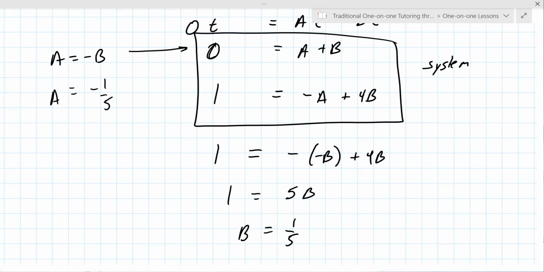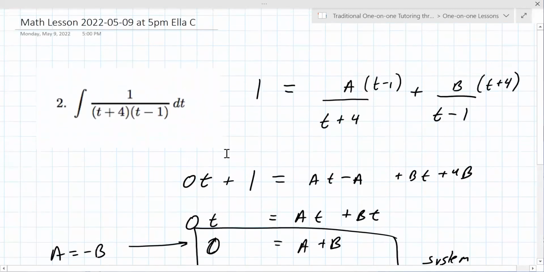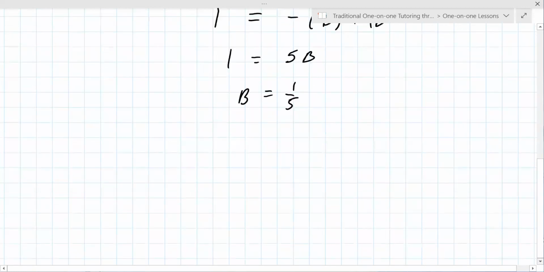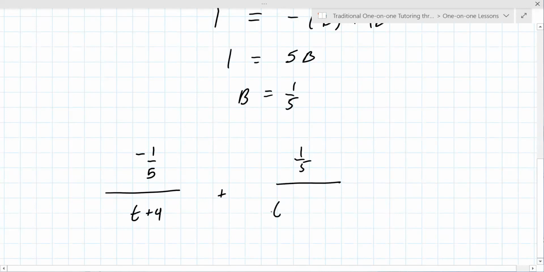But we're not done. The partial fractions isn't even the calculus. The calculus is after you do the partial fractions. So your A is minus 1/5 over t plus 4. Your B is positive 1/5 over t minus 1.